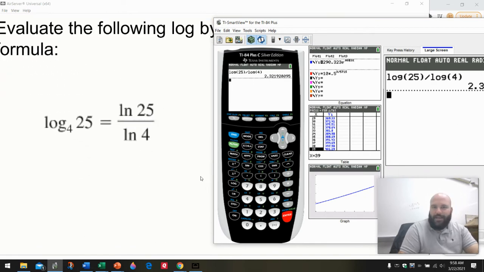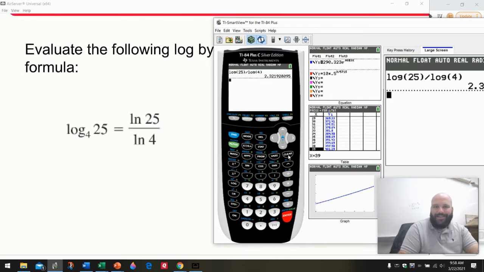Now, here's another example using the same concept, the change of base formula. It's actually the exact same problem. But what I want you to see here is rather than changing it into log, which is log base 10, we are changing it into natural log, which is simply log base e. It doesn't matter what you change the base to. Conveniently for us, we're using base 10 or base e because those are the two buttons on our calculator.